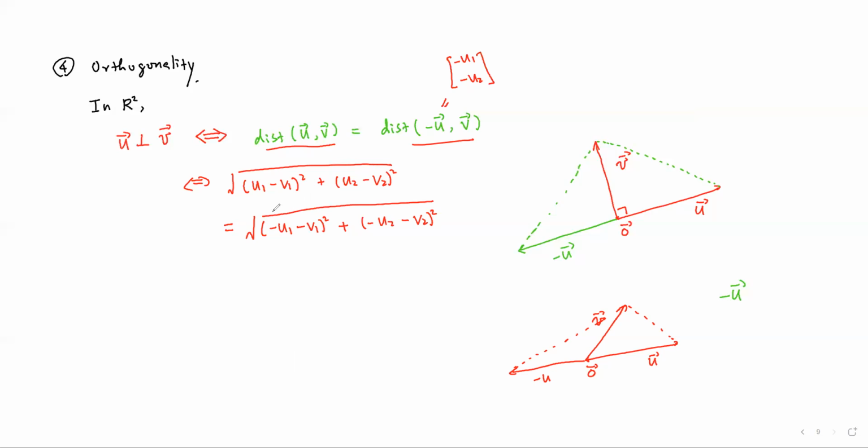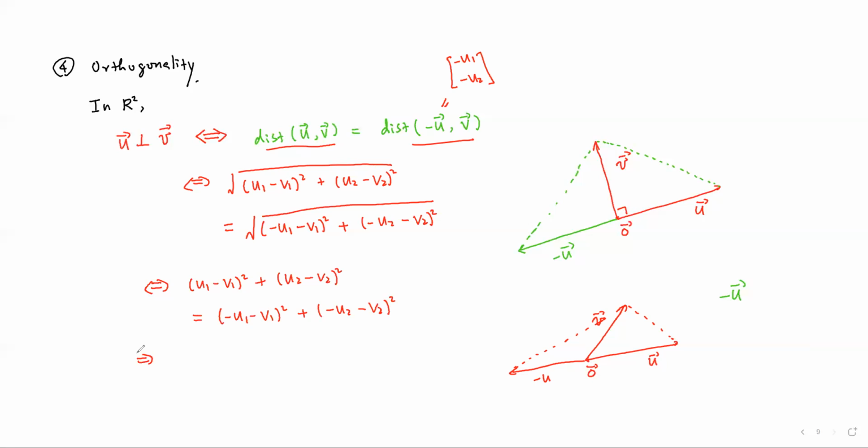Now let me remove the square root by squaring both sides. So we have this equation: u1 minus v1 squared plus u2 minus v2 squared is equal to negative u1 minus v1 squared plus negative u2 minus v2 squared.